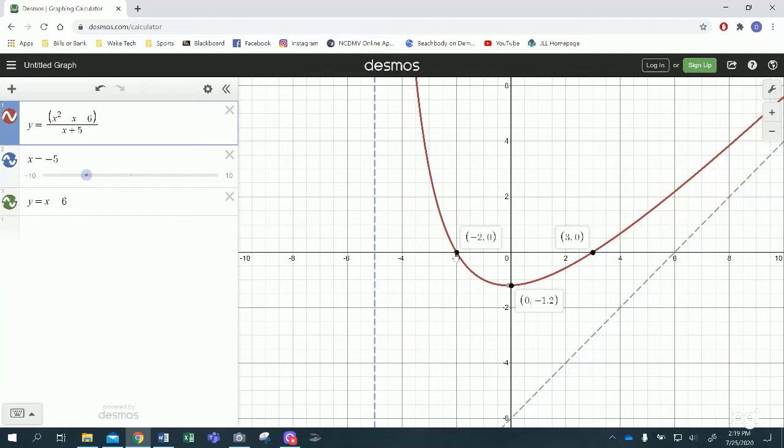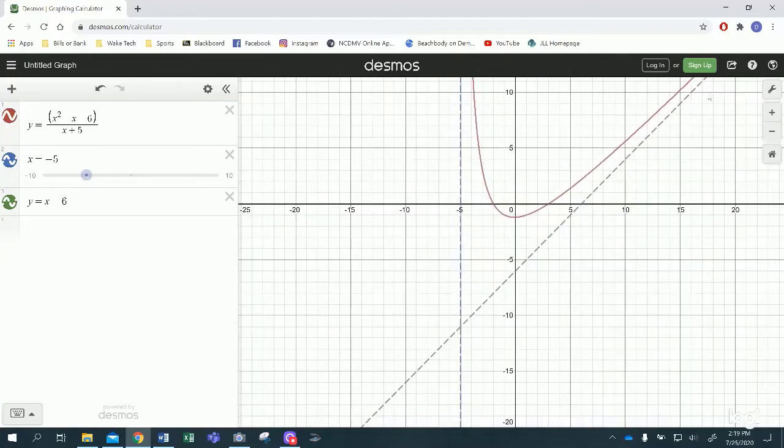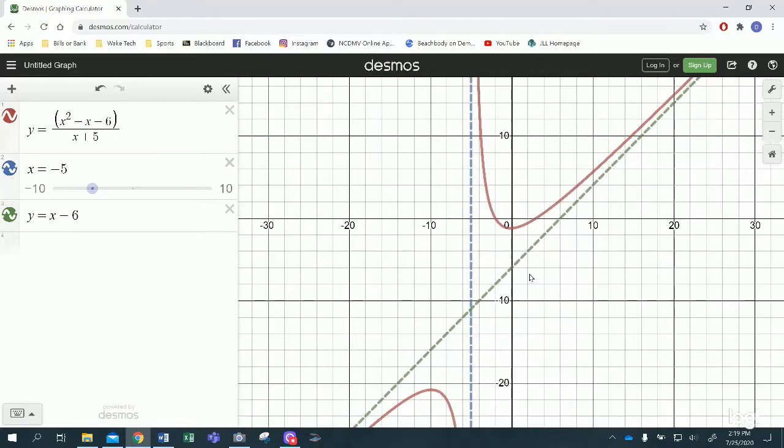So if you were graphing this on your paper, that would be enough to graph this branch, because you can use your knowledge. You know that as x gets closer and closer to this negative 5, it's going to hug that vertical asymptote. And now you know that as x gets bigger and bigger, it's going to get really close to this slant asymptote. But to get the other ones, which is why we're not doing this by hand right now, you have to just plot points.